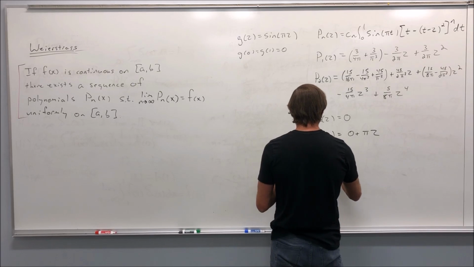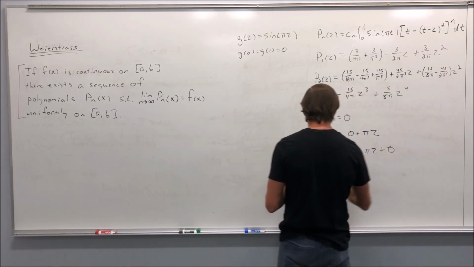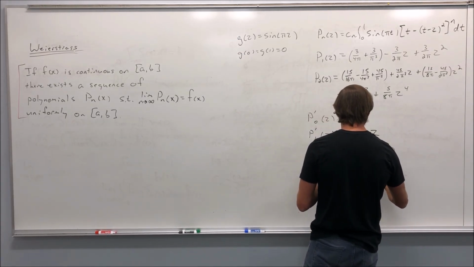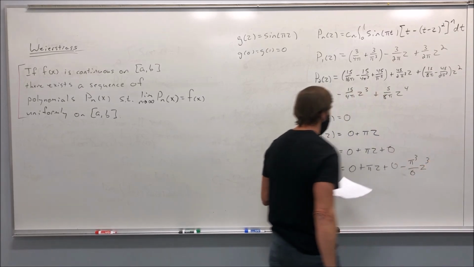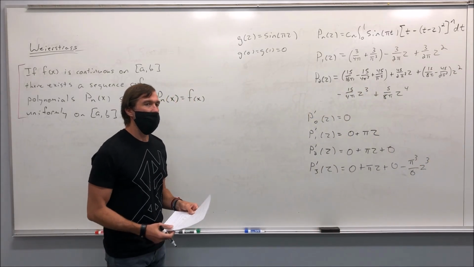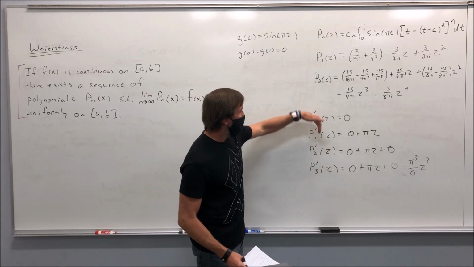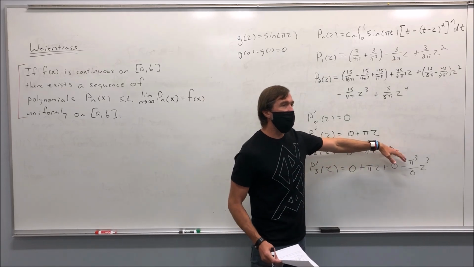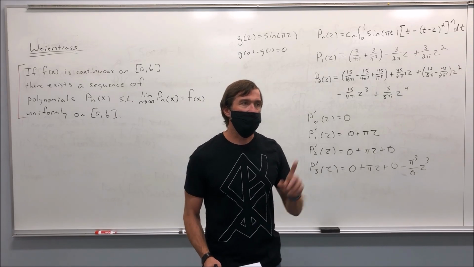At the second order it's 0 plus pi z plus 0. At the third order it's 0 plus pi z plus 0 minus pi cubed over 6 z cubed. So you'll notice that if you take n larger and larger, you get more and more terms, but it does not change the coefficients for the lower terms.